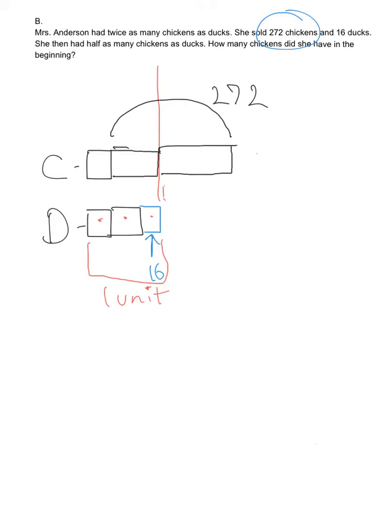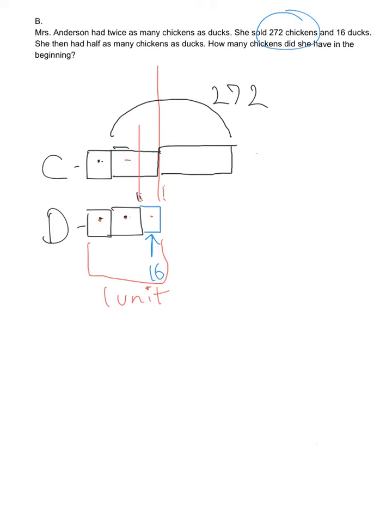So now, there's a few things that I'm actually seeing in this model that are going to help me solve this problem. First off, when I was putting this together, this unit and this unit are the same size, which means this unit right here is twice as much as this unit. So that's telling me that if I were to draw a little line right up through here, I now have 2 units here that are the same size as these 2 units.